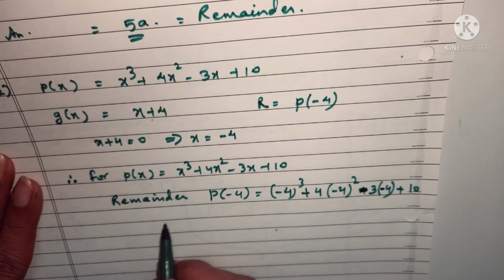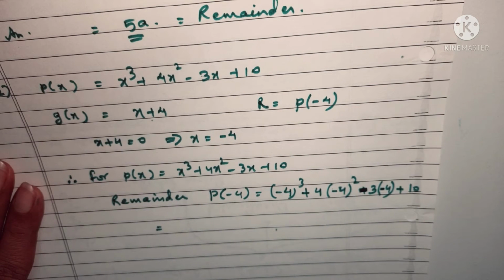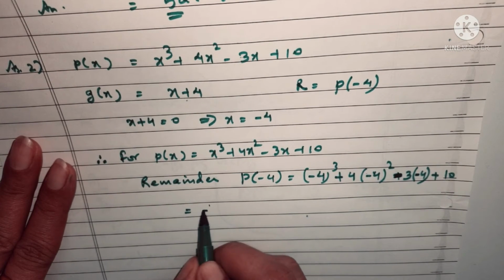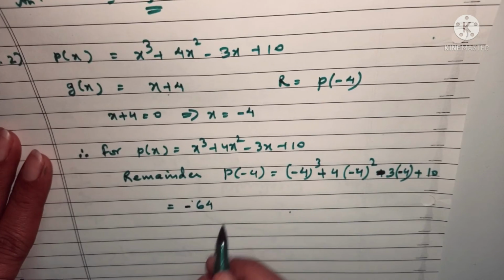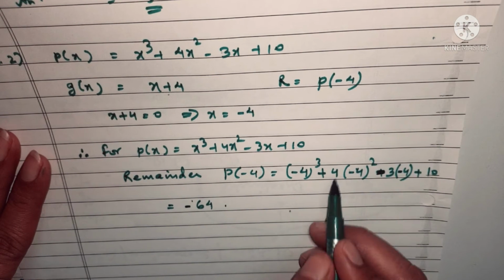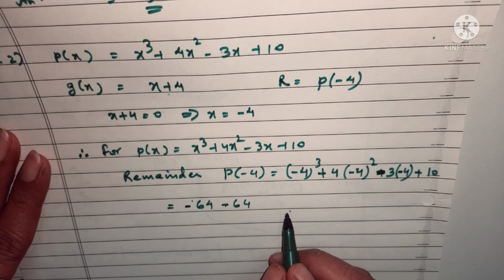Okay, now let me write here so that it will be more clear. So minus 4 cubed is going to give you what? 4 fours are 16, 16 into 4 is giving you minus 64. And here it will be 4 fours are 16, 16 into 4 is 64.